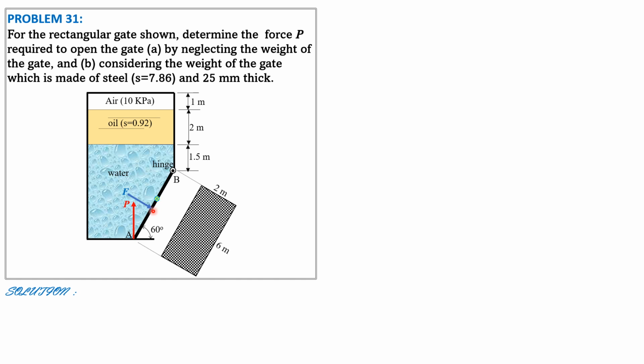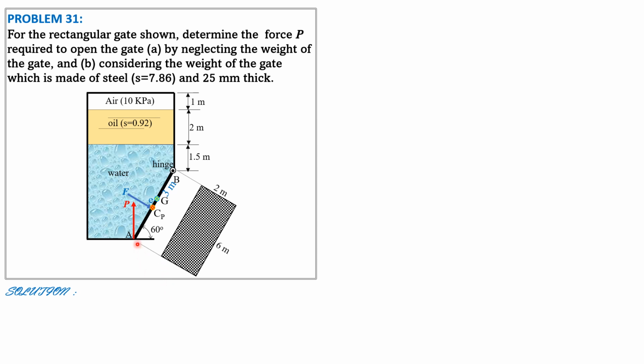Distance between the centroid and the point where F passes is E, and we call that G, the centroid of the gate. Center of pressure C sub P, and the distance between them along the plate is E, and from B to G is 3 meters as shown.